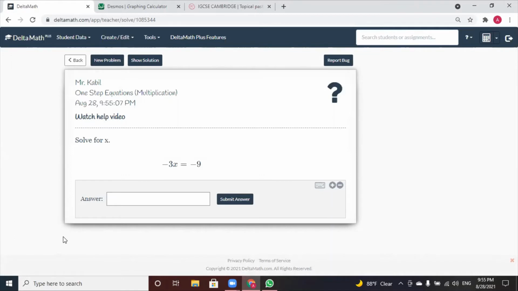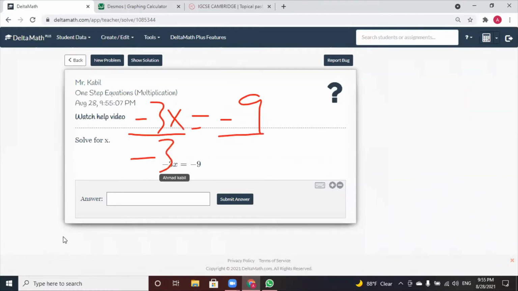So in this case, of course, we have negative 3x equals negative 9. I prefer to use the annotation feature on Zoom in order to write on the screen, and then students can see my writing as I speak. So in this case, we are going to divide both sides by negative 3 in order to get rid of the coefficient of x.